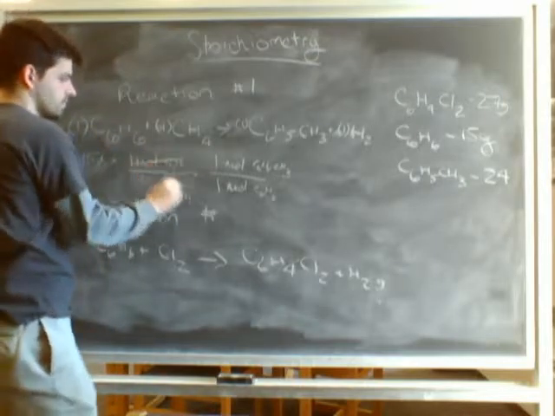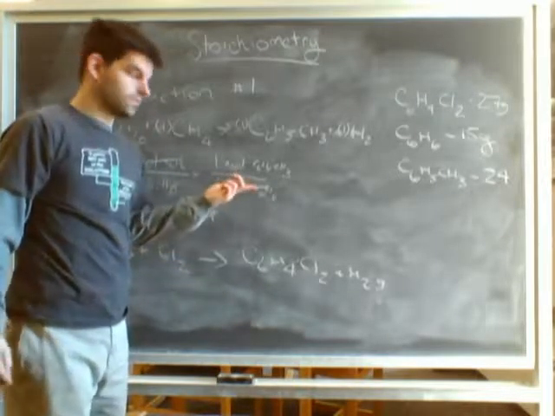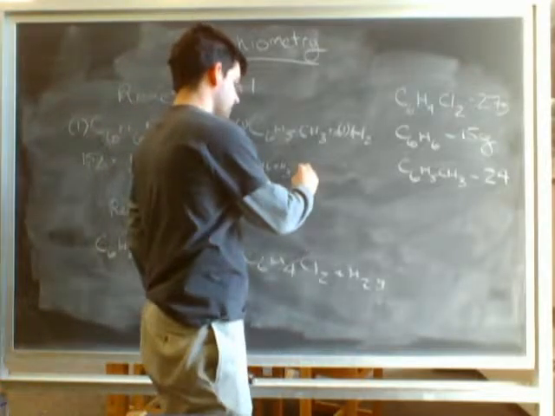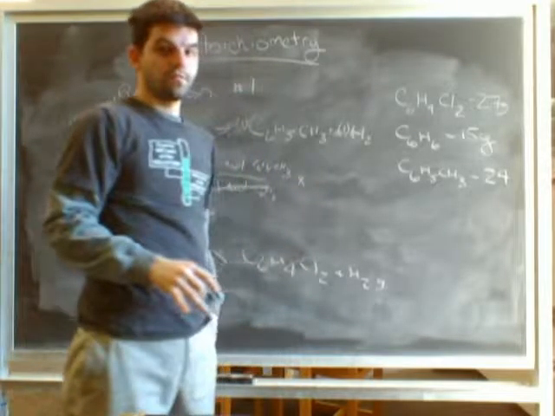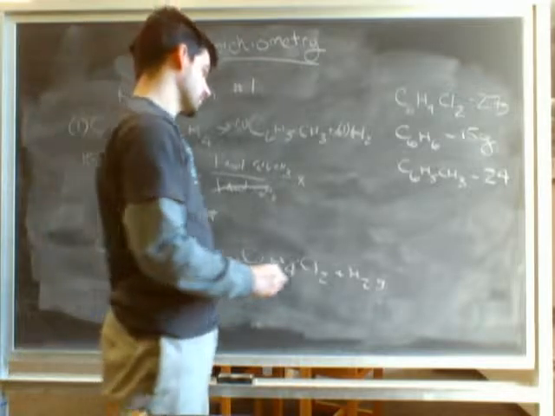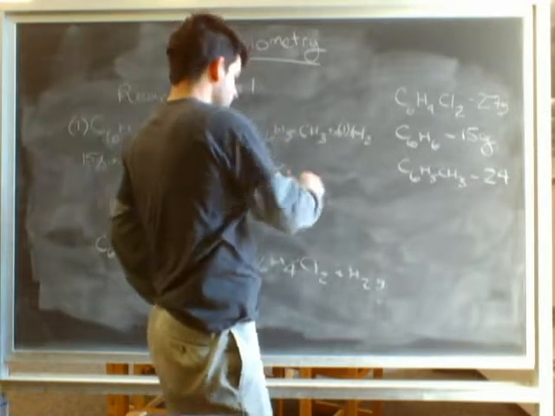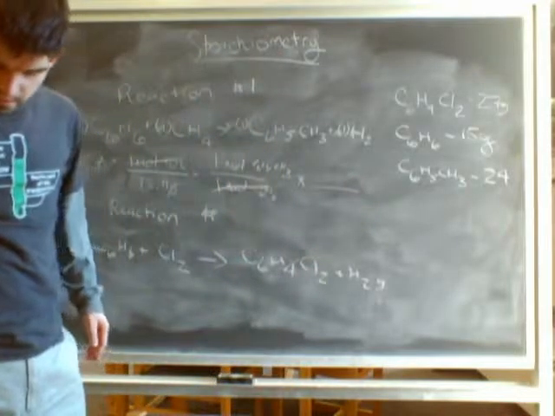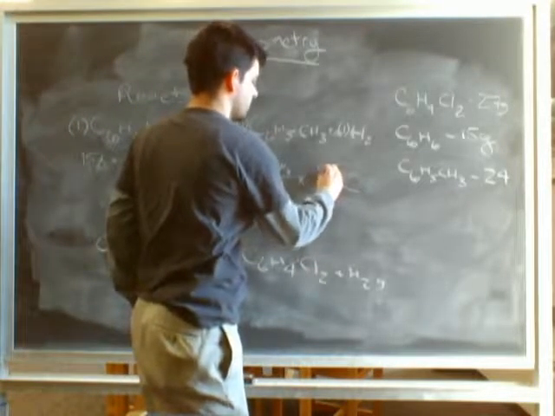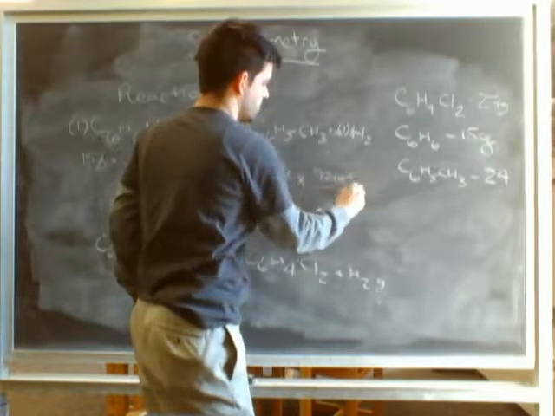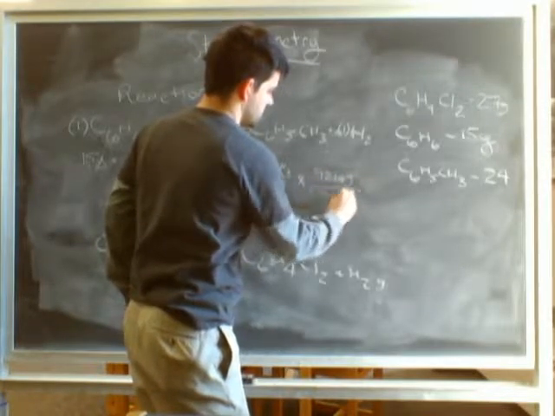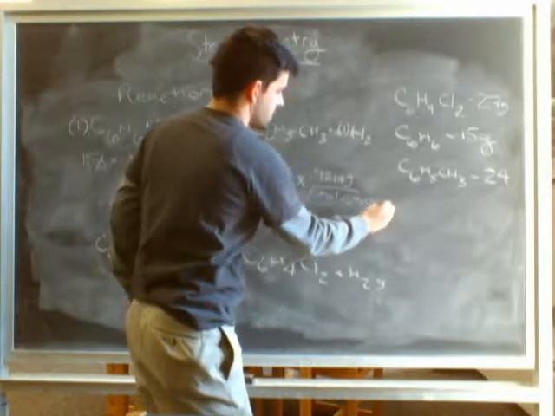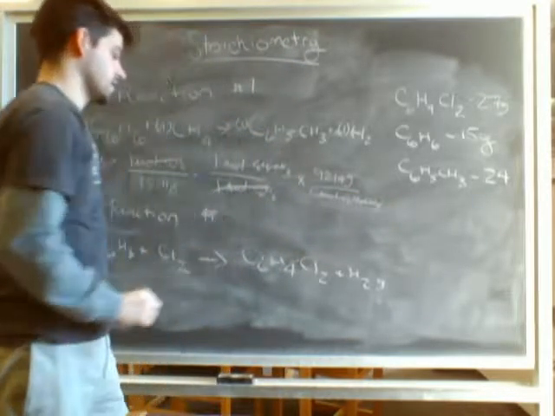In doing so, we cancel out this, and now we're at moles of C6H5CH3. What we can do now is, we have moles, we can convert to grams. So this is C6H5CH3, and the molecular weight of toluene is 92.14 grams per mole of C6H5CH3. And again, your units will cancel.